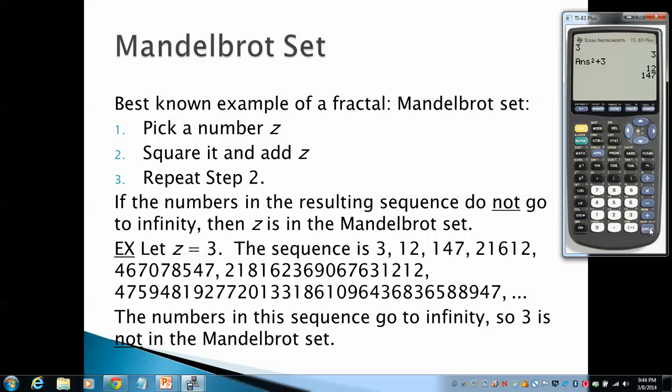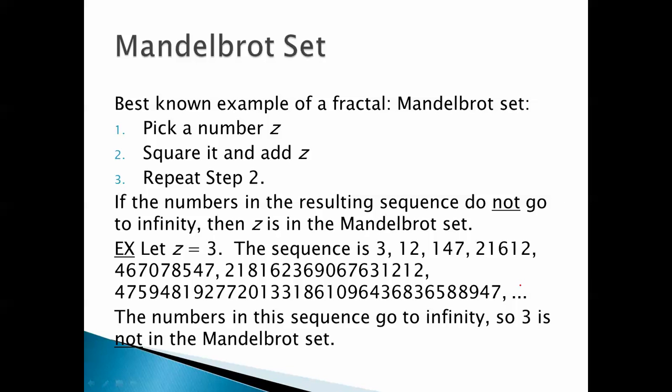When you square 12 and add 3, you get 147. Now we square 147 and add 3, and we get 21,612. We square 21,612 and add 3, and we get this. And we just keep going. And oops, overflow. The numbers in this sequence go to infinity, so 3 is not in the Mandelbrot set.